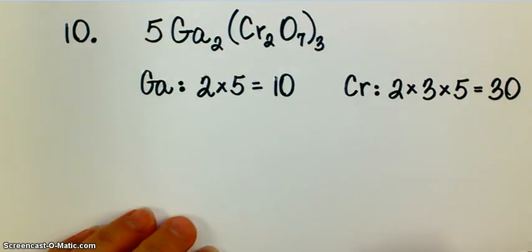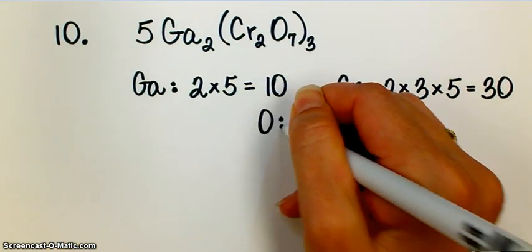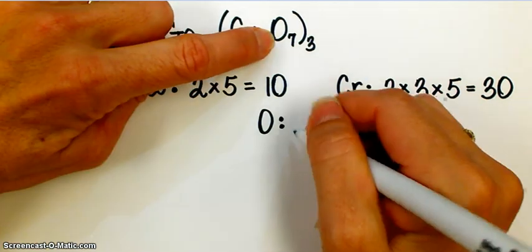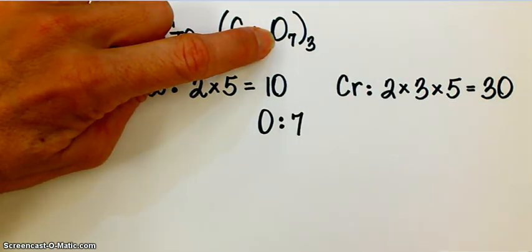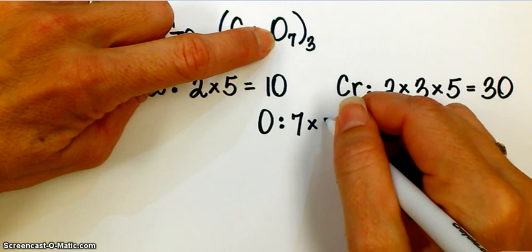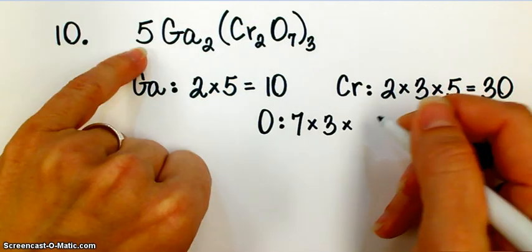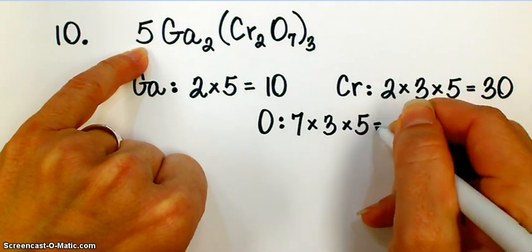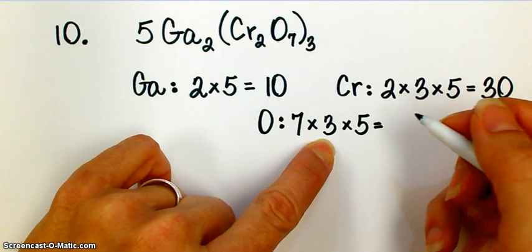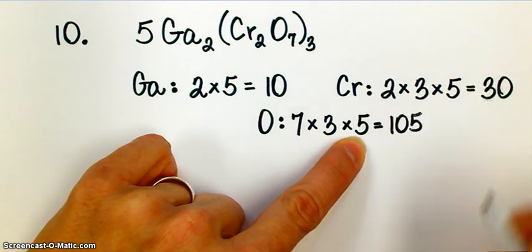Okay? And then finally, let's do oxygen. Inside the parentheses, subscript of 7. Outside the parentheses, subscript of 3. And then there's a coefficient of 5. 7 times 3 is 21, and then 21 times 5 is 105.